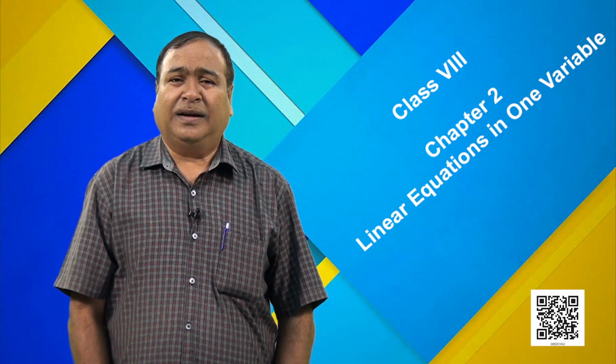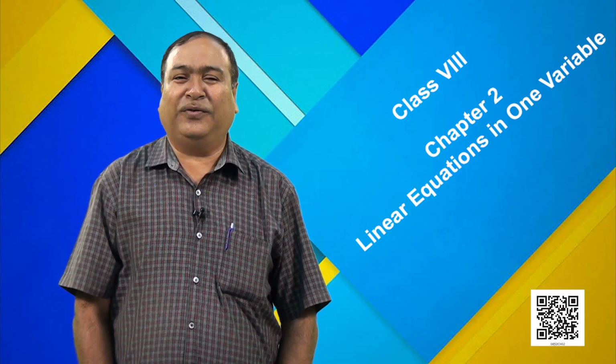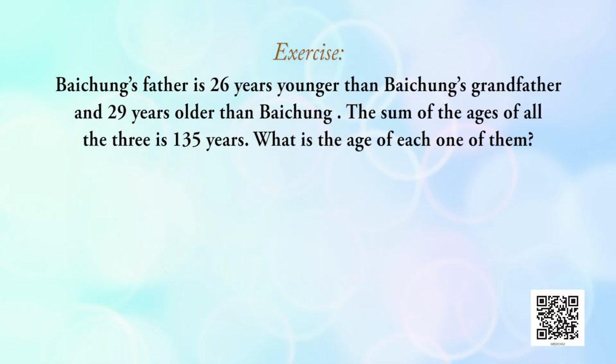In this way, I would like to give one word problem for you to solve on your own. Problem is like this. Baiju's father is 26 years younger than Baiju's grandfather and 29 years older than Baiju. The sum of the ages of all the three is 135 years.